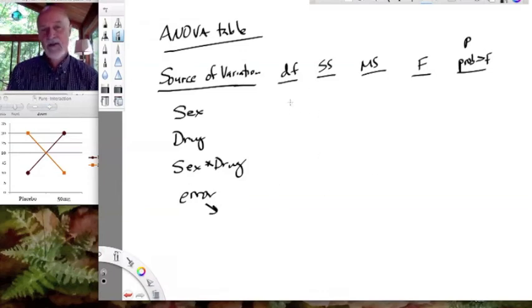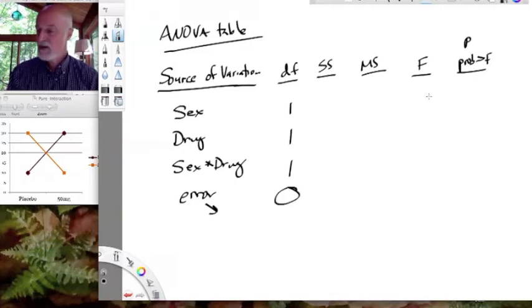We'll get obviously degrees of freedom, so we have two sexes, so we have 1 degree of freedom, we have 2 drug treatments, 1 degree of freedom, and we have sex cross drug, so it's going to be A minus 1 times B minus 1 if this is our A and this is our B factor. So we have 2 minus 1 times 2 minus 1, or 1 times 1, and we have 1 degree of freedom. And depending upon our sample size, we would have whatever for our error.